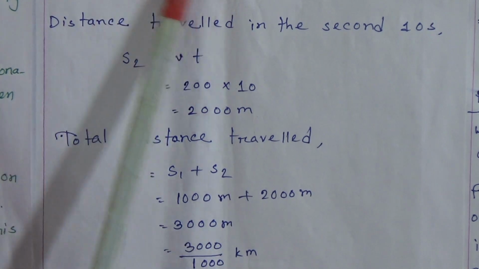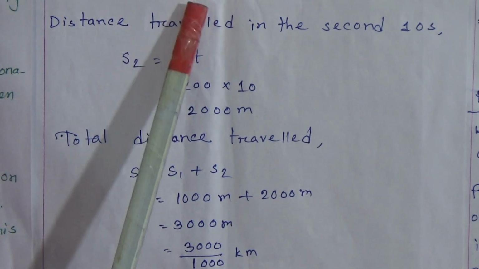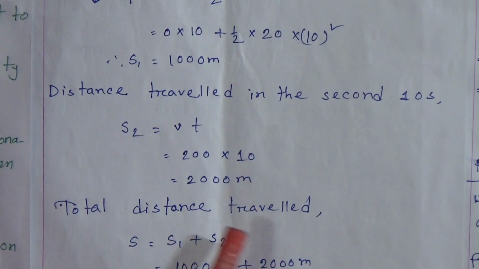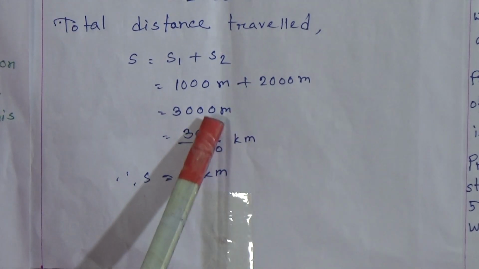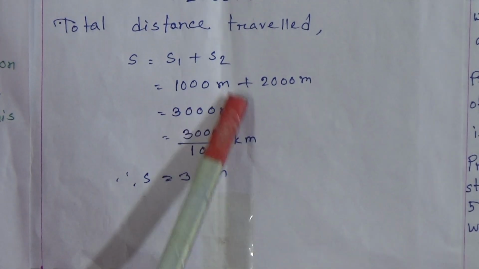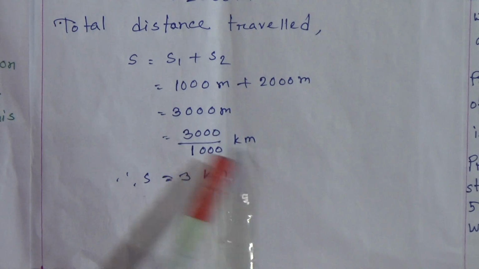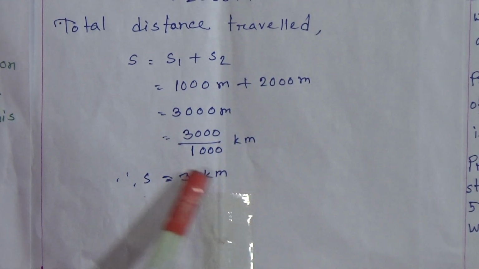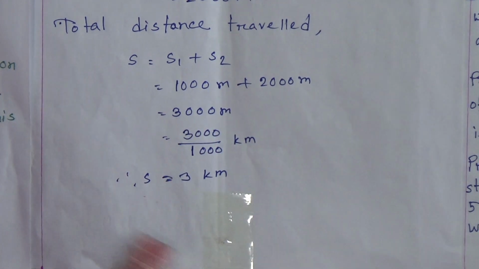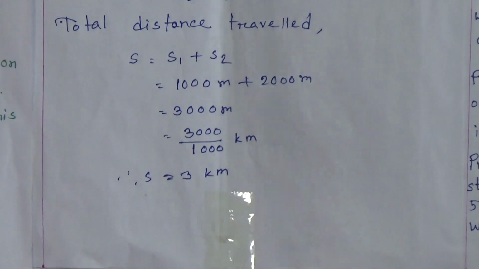So the total distance is 1000 plus 2000, that means 3000 meter, and we want to convert this meter into kilometer, that's why we have to divide by 1000. Okay, that means 3 kilometer. So the distance traveled in 20 seconds is 3 kilometer.